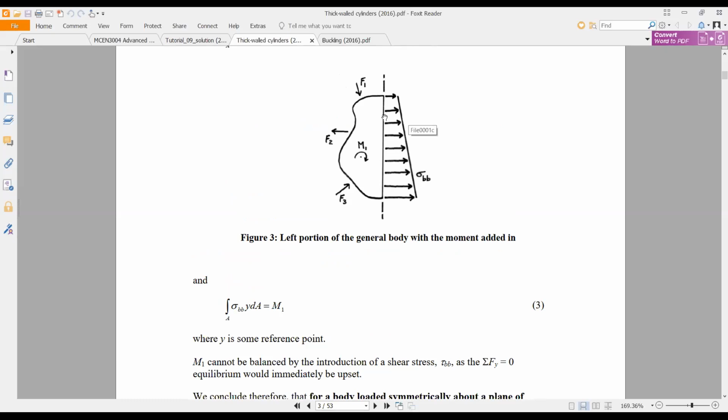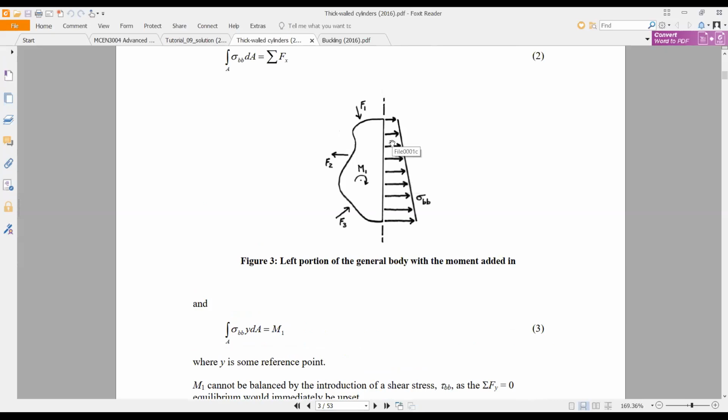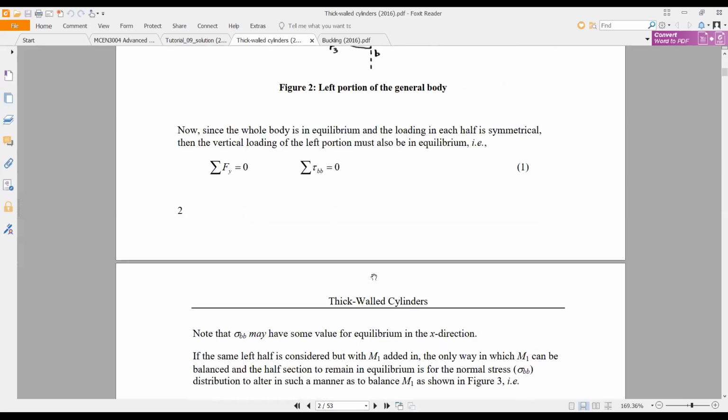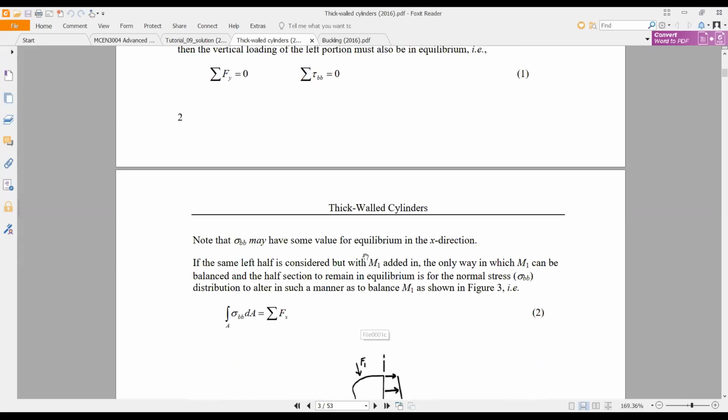But if you introduce shear force here, the shear force also tries to rotate. So then it will not balance, because we already introduced the sigma BB. If you include tau BB, that means shear force, this system will not balance. So the shear force will be 0. It cannot exist, because the bending moment would not be cancelled out. Okay. There will be a bending moment, you can see here.